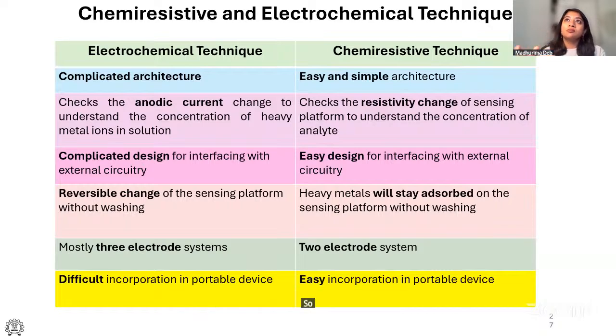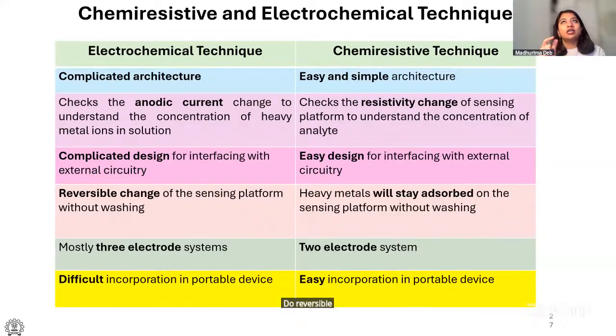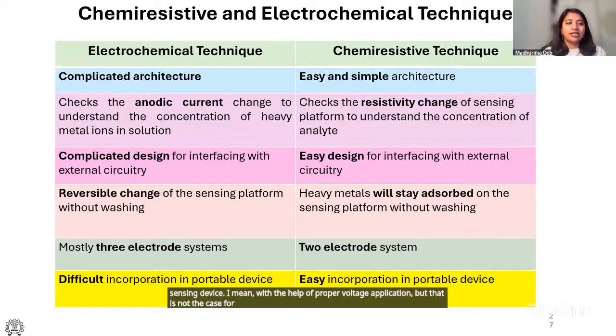So the reusability is better with electrochemical techniques, because we can do reversible changes with the help of proper voltage application, but that is not the case for the chemi-resistive technique.